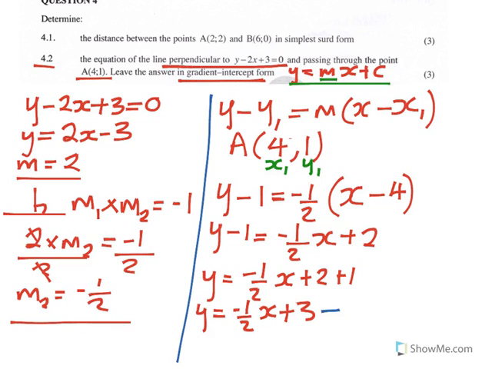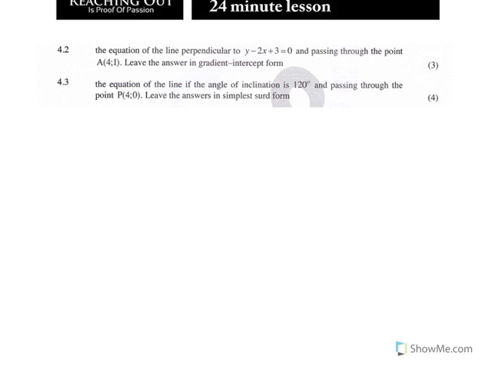This is the equation of the perpendicular line. The question was, determine the equation of the line perpendicular. So that is that particular answer. Then we move on to question 4.3.